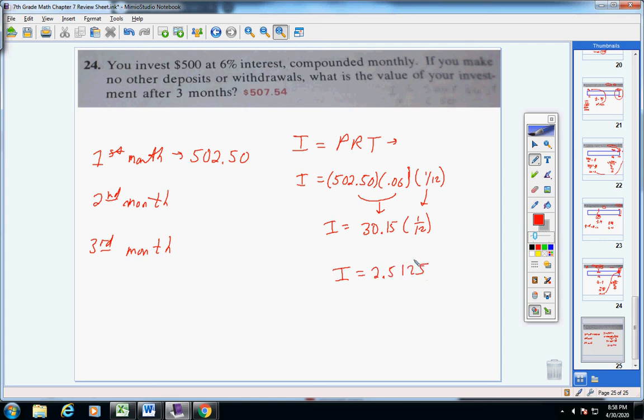Well, this 2 right here tells you to leave that 1 alone. So we're not going to round it up. It'll be 2.51. So you start off with this. You gain this much here. Add those two numbers together, and you get $503.01. Okay? All right. Moving on.